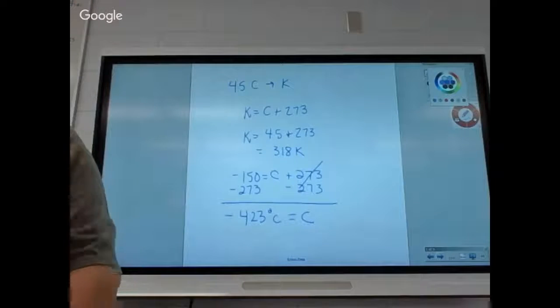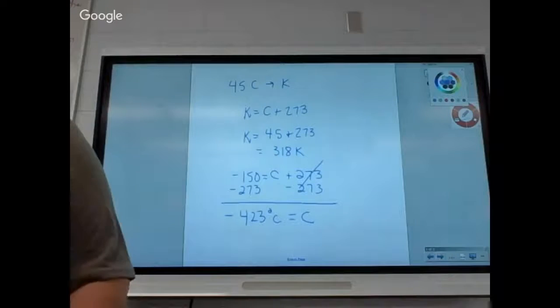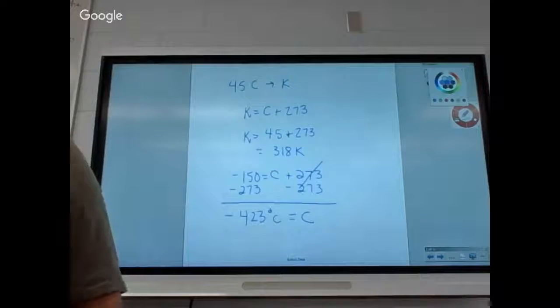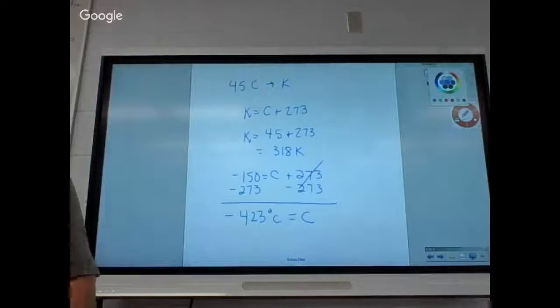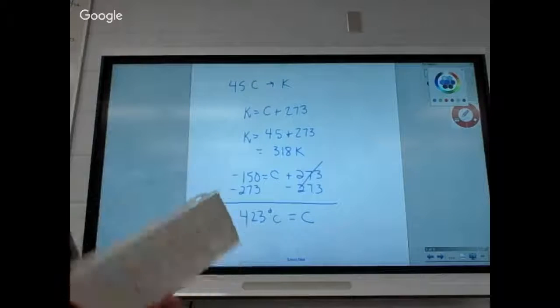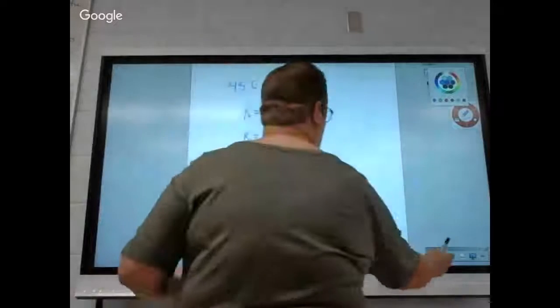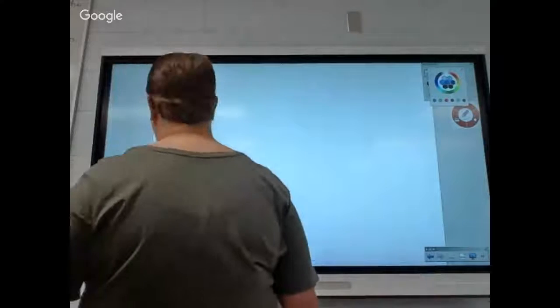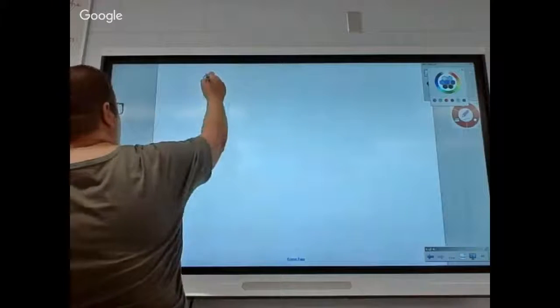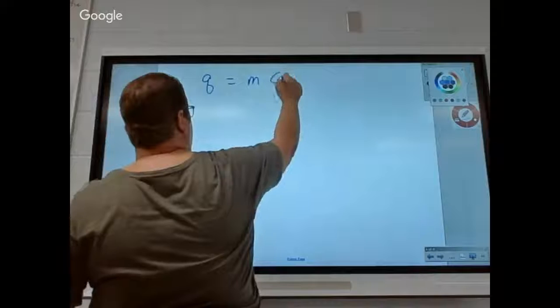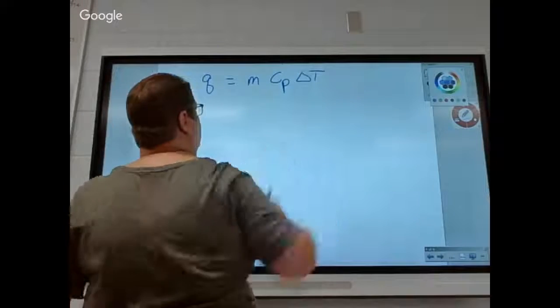Number 6, you've got 75.0, which is 3, 15, which is 2, and 45, which is 2. So I'd round to 2. All right, I'm getting ready to do 6 for Shatoria. In number 6, when it says calculate the heat, is that Q, is that M, is that CP, or is that delta T?